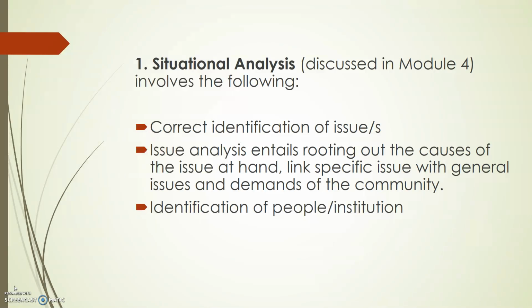Now, correct identification of the issue is one that can mobilize the broadest number of people sectorally or multi-sectorally, as well as elicit the sympathy and support of a lot more people in or out of the community.